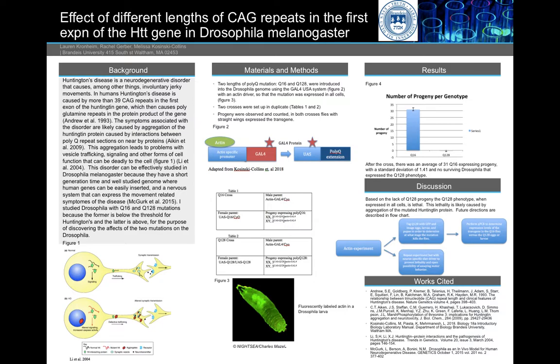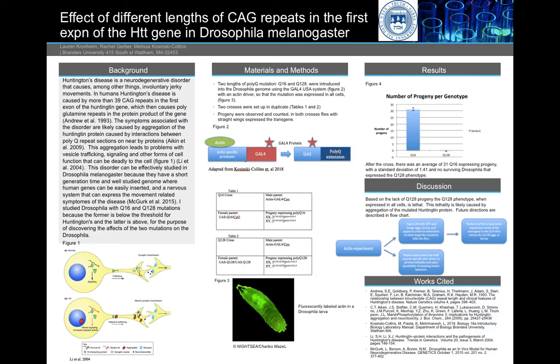To do this, I would repeat the same cross I did in this experiment, but tag the polyQ repeat with a fluorescent marker such as GFP and image the eggs, larvae, and pupae that result to see if they contain the Q128 mutation.